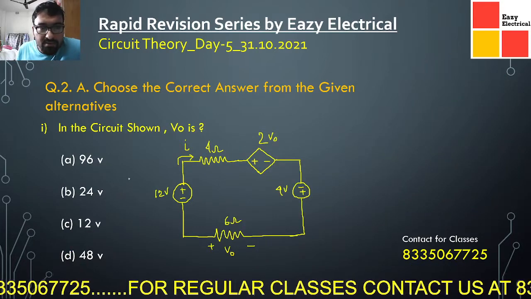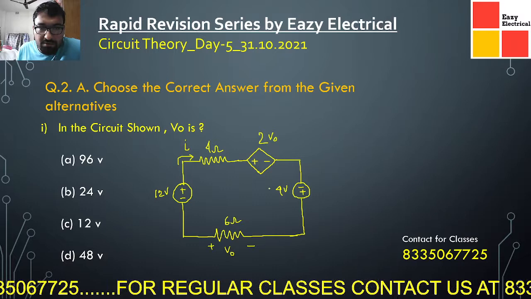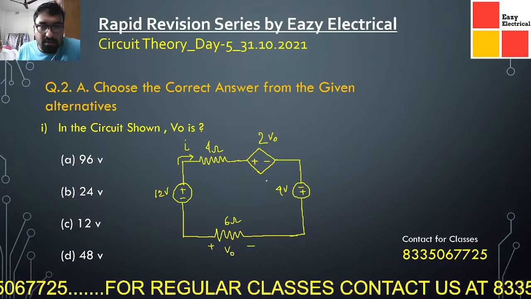Now coming to next question. In the circuit shown, what is the value of V0? Now what is the value of V0?